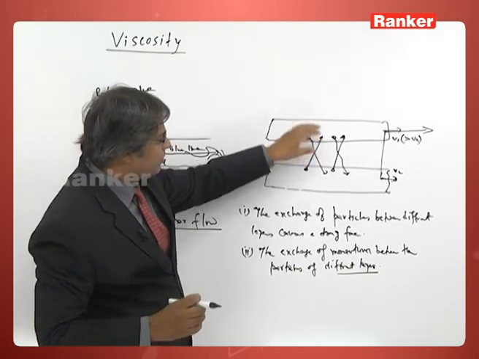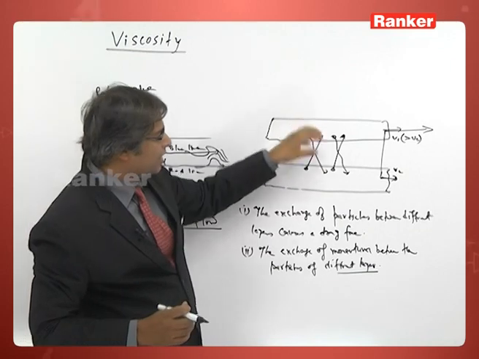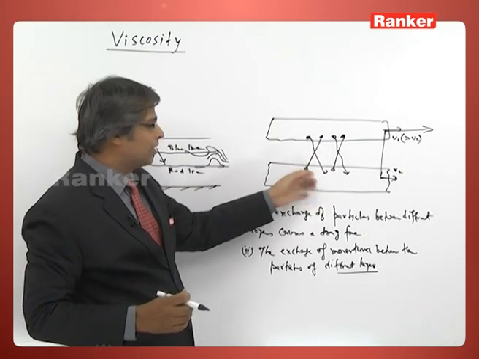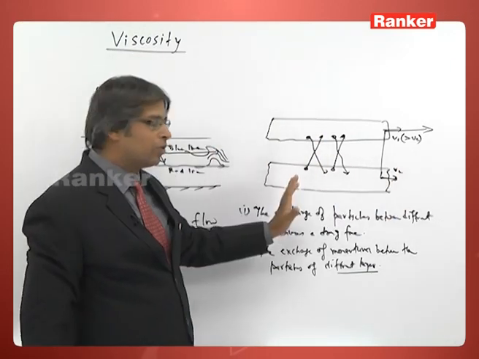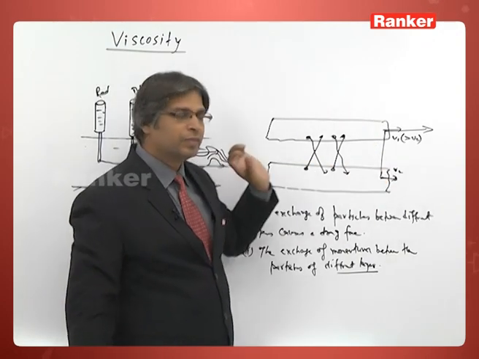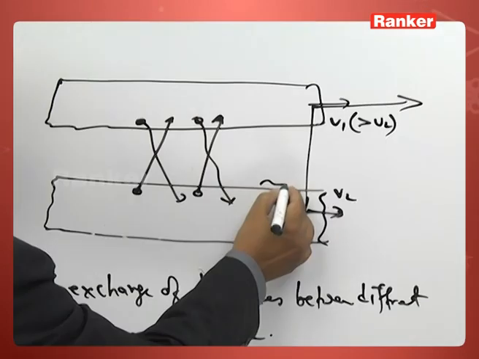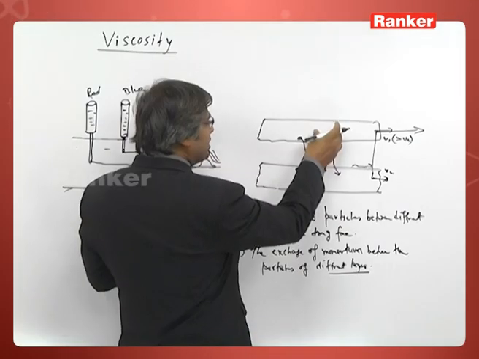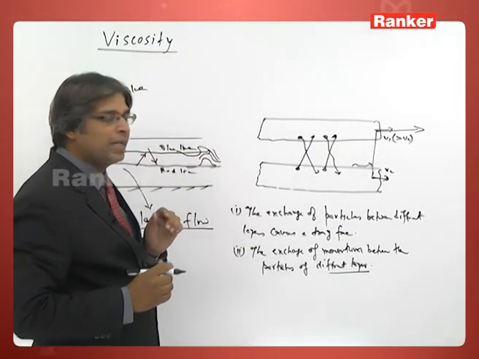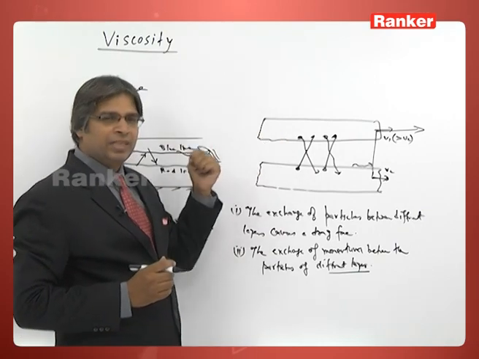Whereas these particles, when they move into this medium, have a larger velocity and here lesser velocity, so they impart momentum along the horizontal. So, they are dragged in this way. This layer tries to increase the velocity in this direction and this layer tries to decrease the velocity by giving a momentum in this direction.